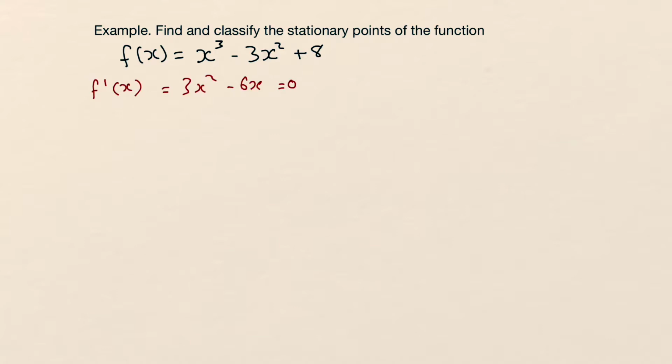We can then solve this. If we take out a factor of 3x, we've got x minus 2 equals 0. So for this to be true, either x equals 0 or x minus 2 equals 0, in which case x is equal to 2. So at these two, let's find the exact point.